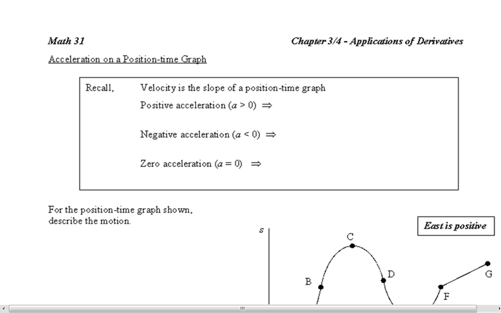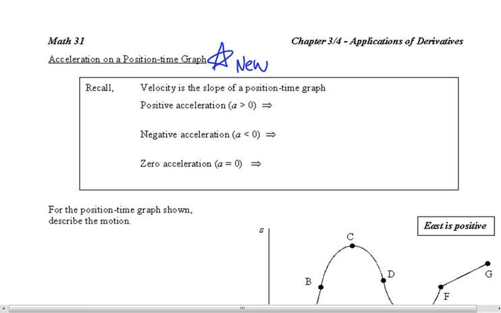This is new terminology, and we're going to use this a lot in the graphing unit. We're going to talk about something called concave up and concave down. So recall velocity is the slope of a position time graph. I know this is really exciting stuff.